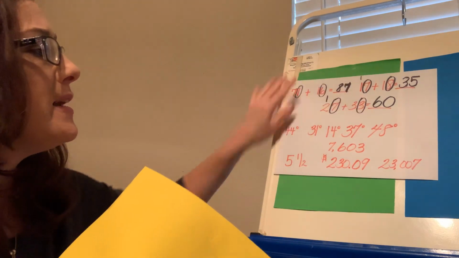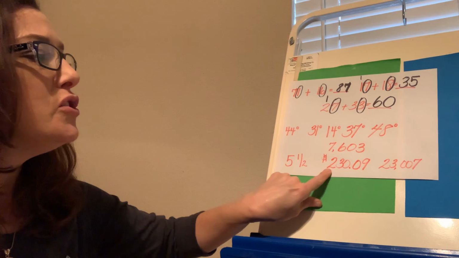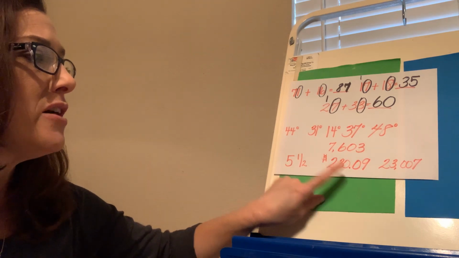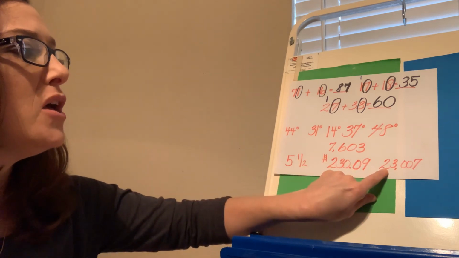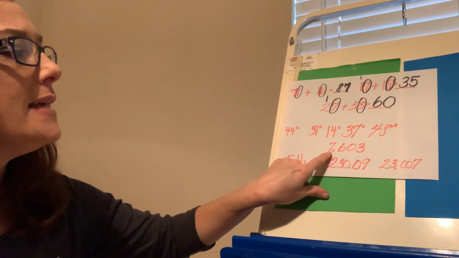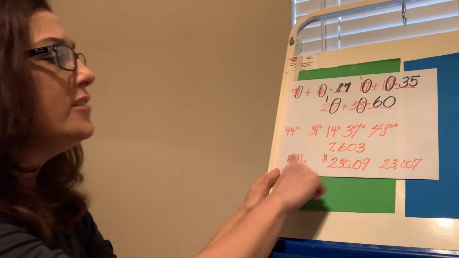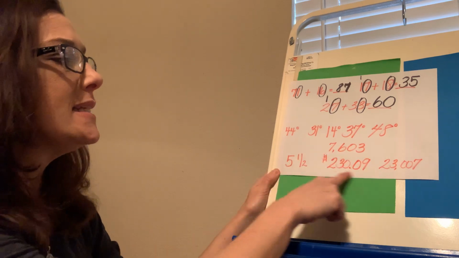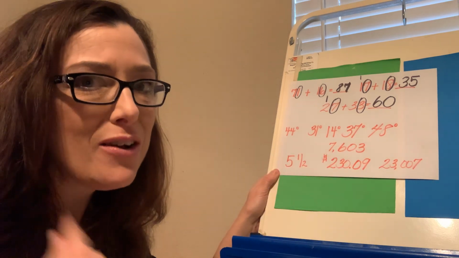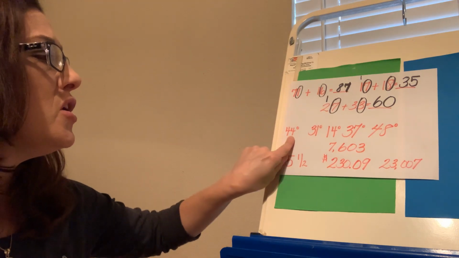You should have written 5 and a half, $230.09. Notice we have our dollar sign and decimal point. 23,007 and 7,603. So what I had you do here was your oral dictation, where you listen to a number and you write it correctly. Next, we're going to talk about temperature.